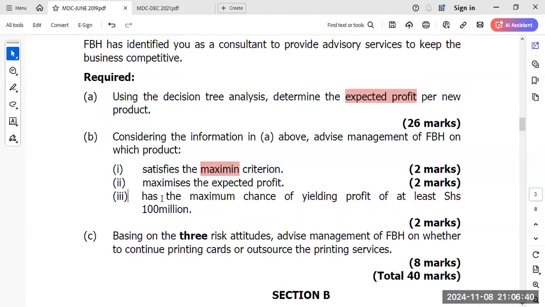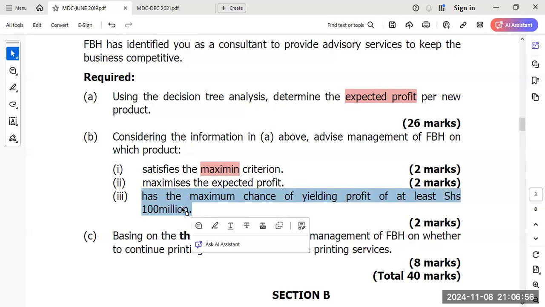Then Roman 3, the product which has the highest maximum chance. This is probability. When they say maximum chance, the maximum probability of yielding profit of at least, now this will be your standing point, of at least shillings 100 million.